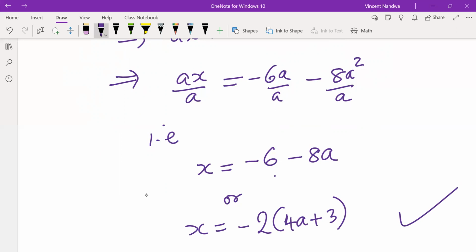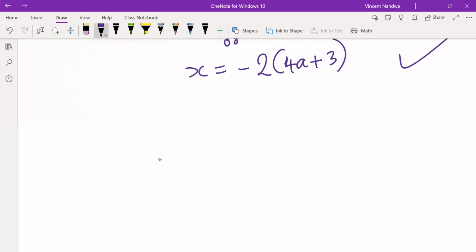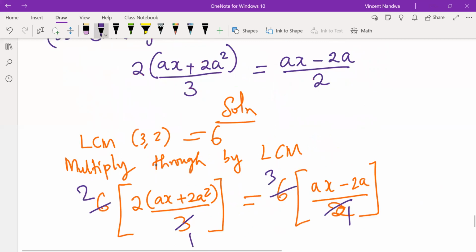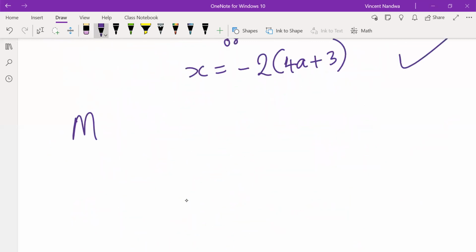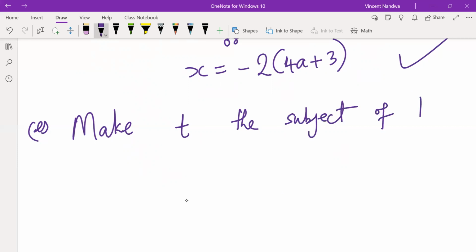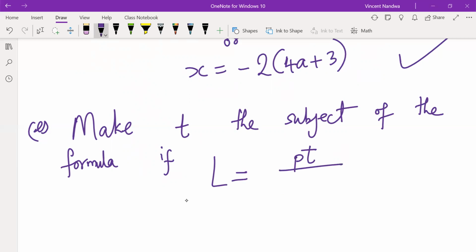Now let's do further transposition. So make, that was dE, make t the subject of the formula. If L equals to pt over t minus x.